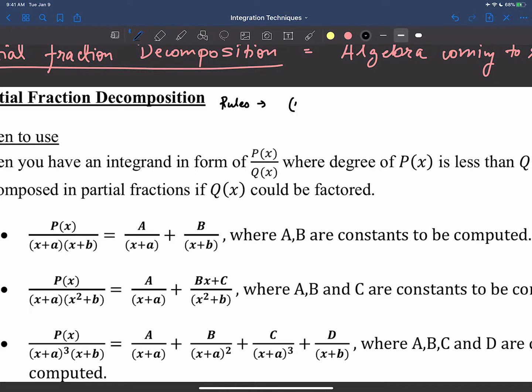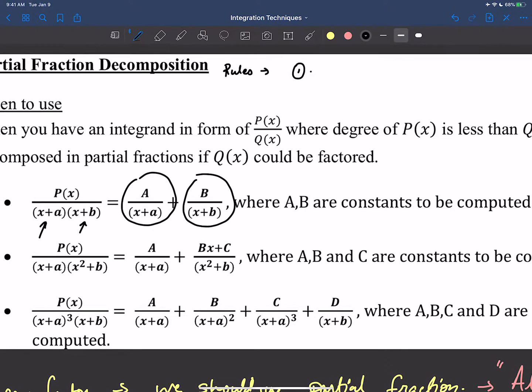Rules. Number one, okay? The number of factors you have will determine how many terms you'll have, just by eyeballing it, right? So if you look at this case, you have two factors, you're going to break them up into two terms, one being a over x plus a, and then b over x plus b. When you have, let's say, two factors here, you again have two things being decomposed like that, so those two can be broken down into two separate terms again.